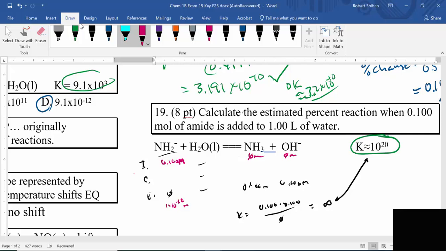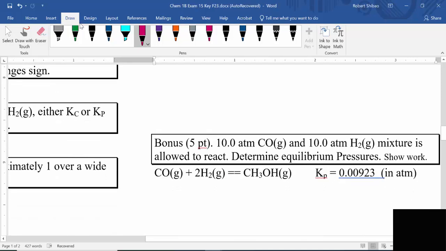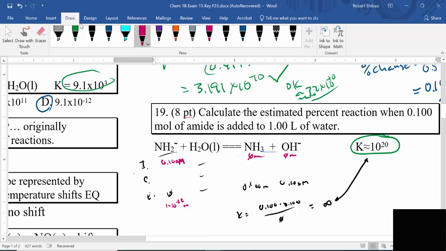If I ask for the equilibrium concentrations, that's different than estimating the percent error or the percent reaction. We should be able to do everything, and doing everything means we have to do this reset business. All right, any questions on this, number 19?